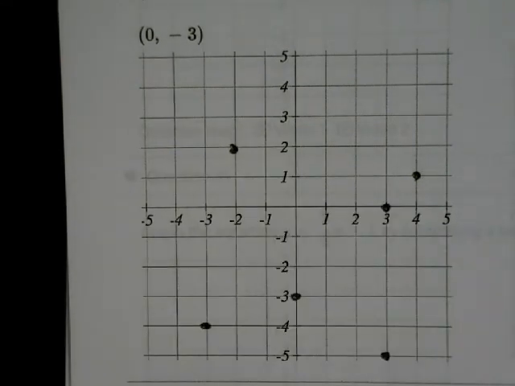People get 3, 0 and 0, 3 mixed up really easy, so be careful. Okay. 3, negative 5. And 0, negative 3. So you'll get 1, 2, 3, 4, 5, 6 points on this question. And it just says graph the points. So we'll finish the other 29 tomorrow.